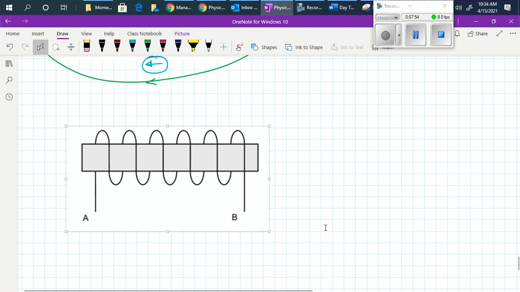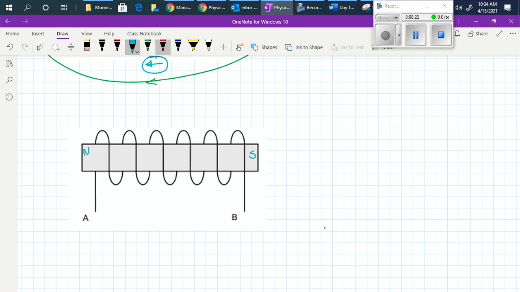So if I'm telling you that the motion of the electron in this solenoid is producing a north on the left and the south on the right of the solenoid, in which direction are the electrons going? From A to B or from B to A?